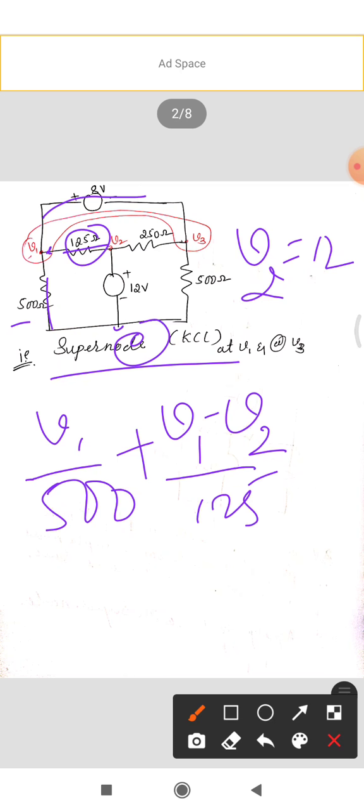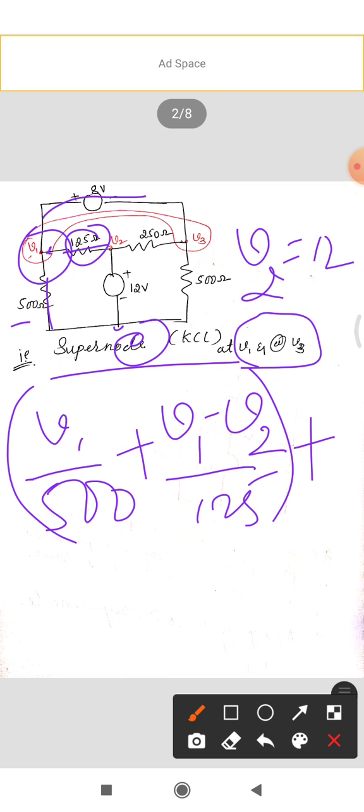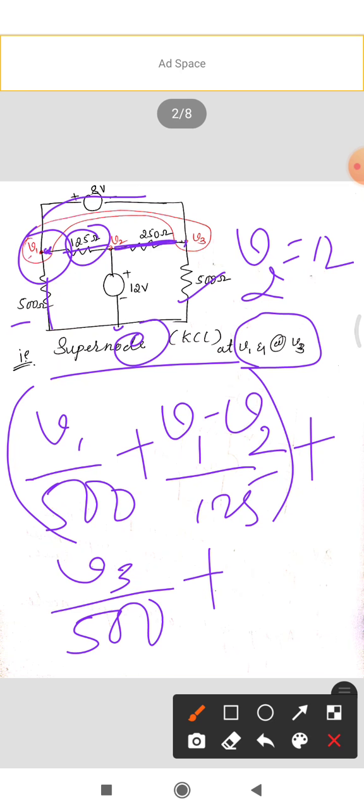Next, you have to combine both V1 and V3; those two are your super nodes. At V1 you have added the branches connected, and then at V3 you add in the same equation: V3 divided by 500 for this branch, and another branch, 250 ohm, connected between V3 and V2, so (V3 minus V2) divided by 250.